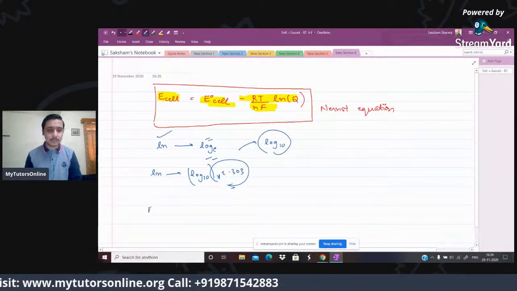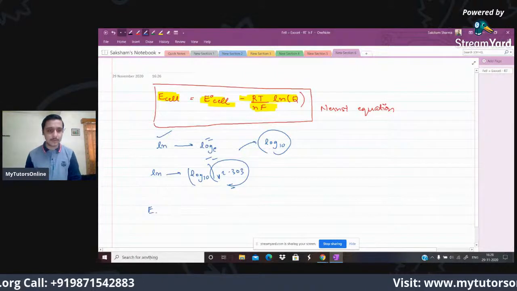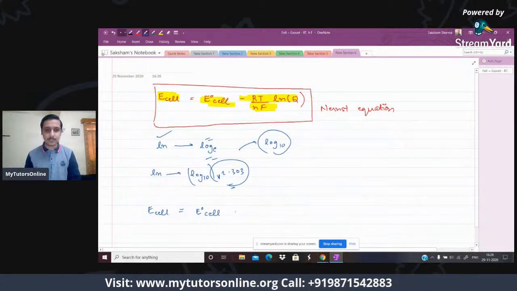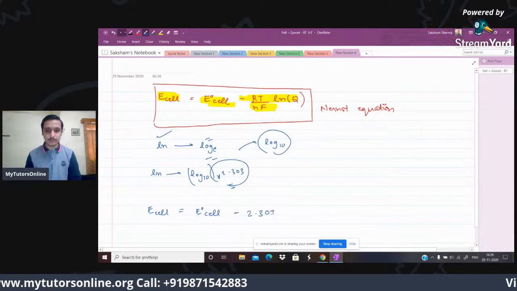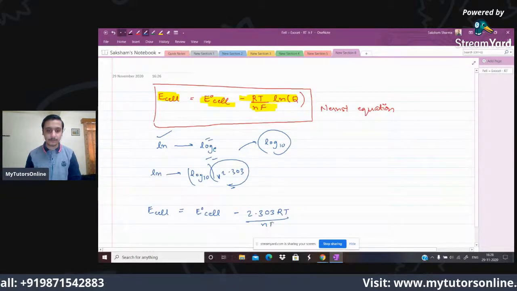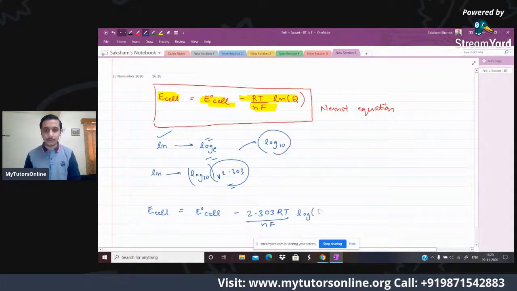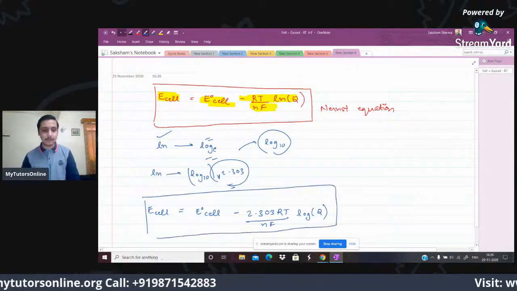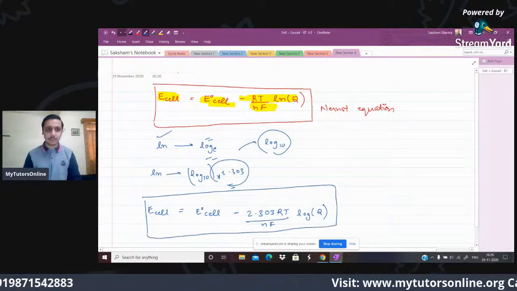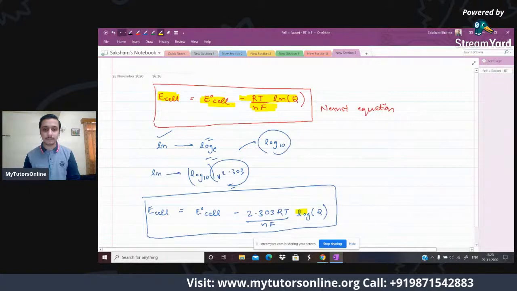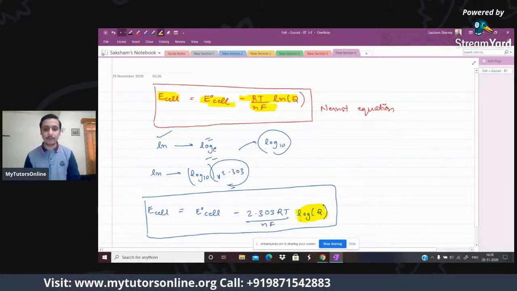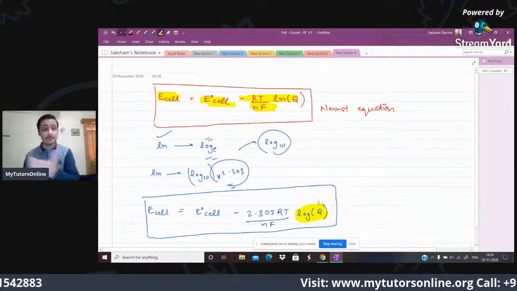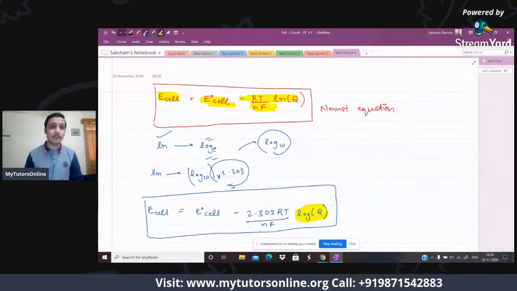Now in the case of log, not ln, you have your equation like this: E cell equals E naught cell minus 2.303 RT upon nF log of Q. In your board exams, you will be provided the value of this part, log Q, and there will be an equation given, such as I told you, something like that, and you may have to calculate.